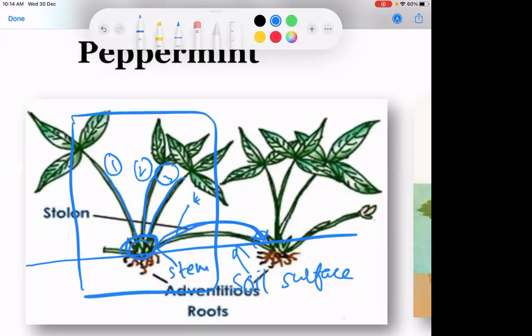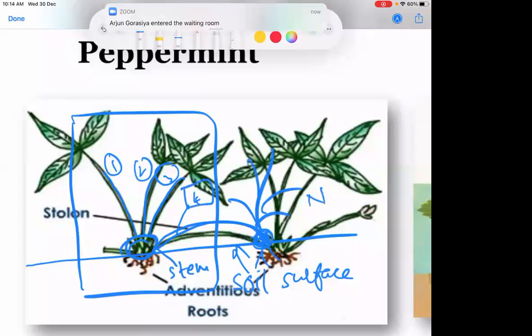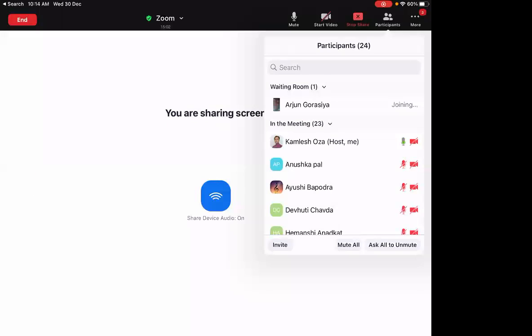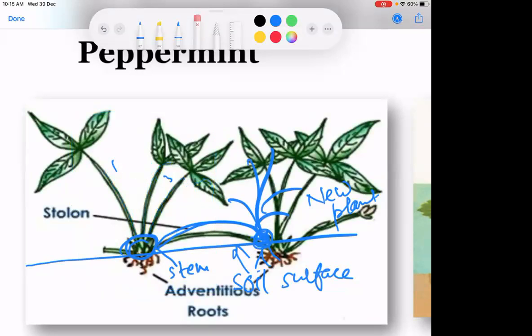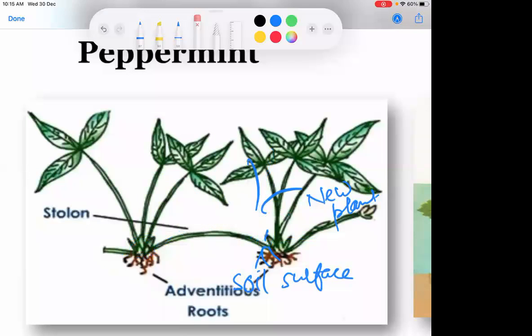And then the part of the number 4 branch which is touching the soil develops root and leaf to produce a new plant. So this kind of special mechanism of stem is termed as stolon.